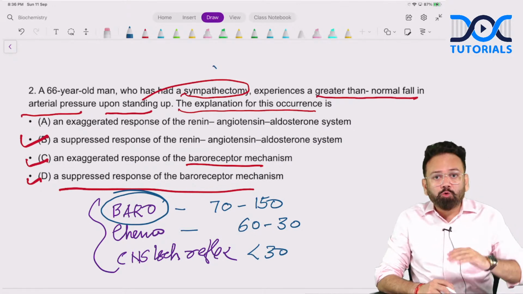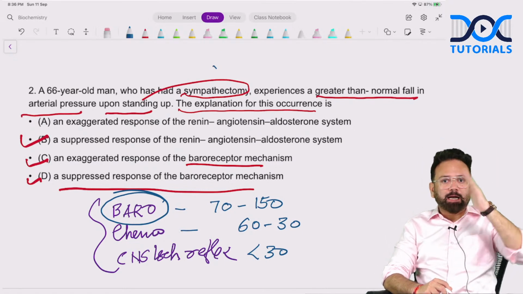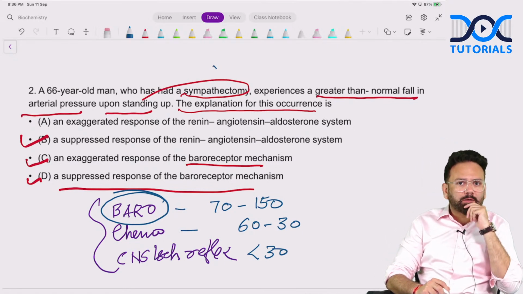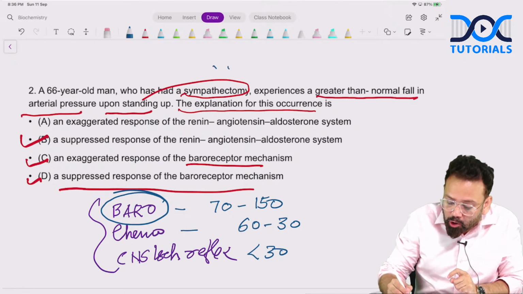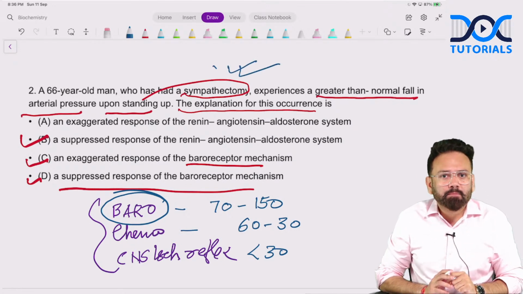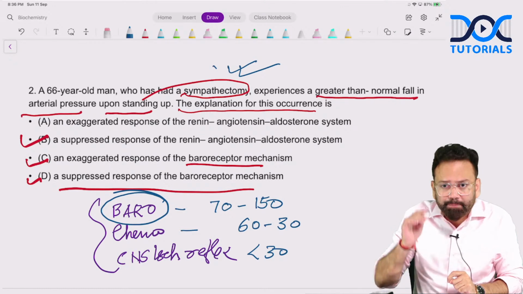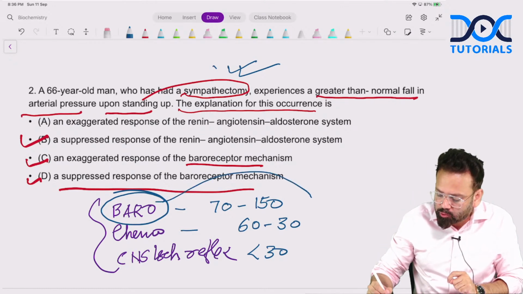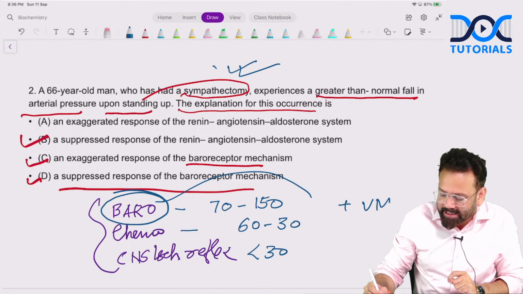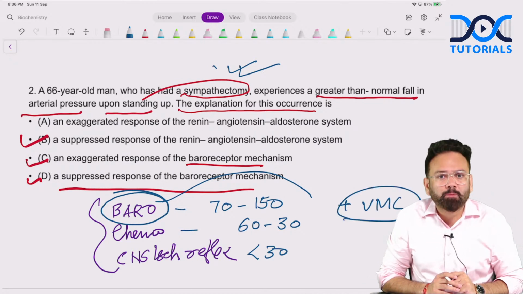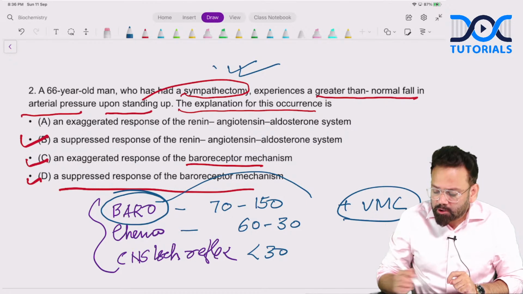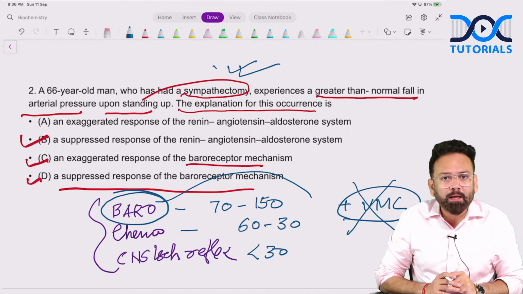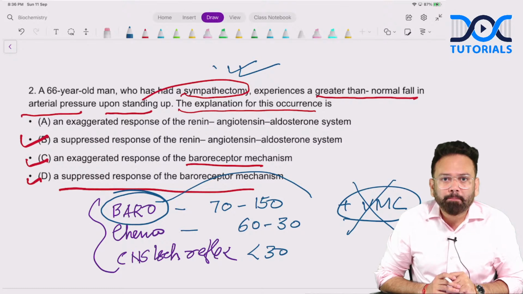So if you are standing and your BP falls, it means baroreceptors are not working properly. Why? Because of sympathectomy. If BP is low, baroreceptors stimulate the vasomotor center, that is sympathetic circulation. If that is not working properly, your BP is not maintained.